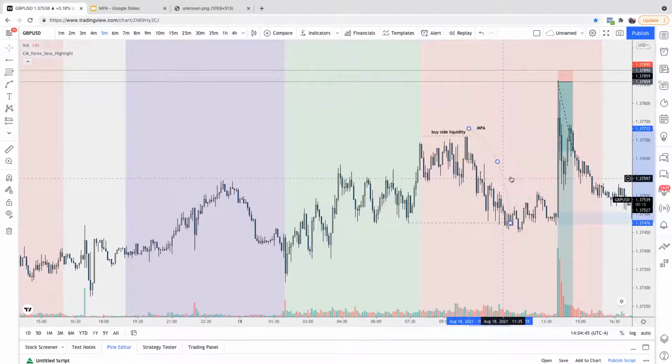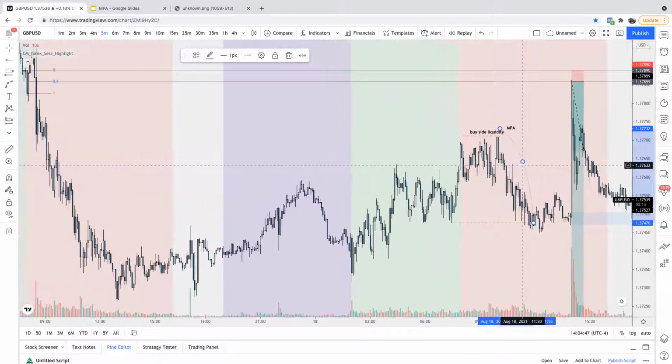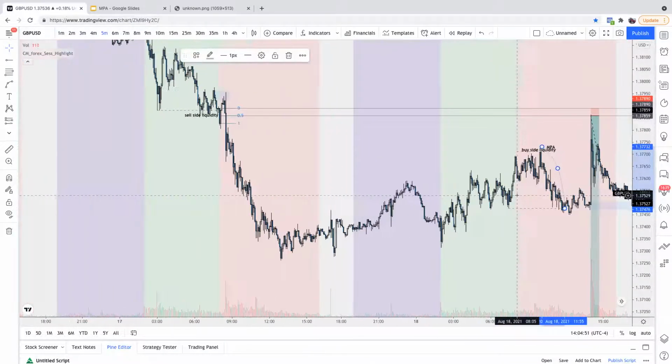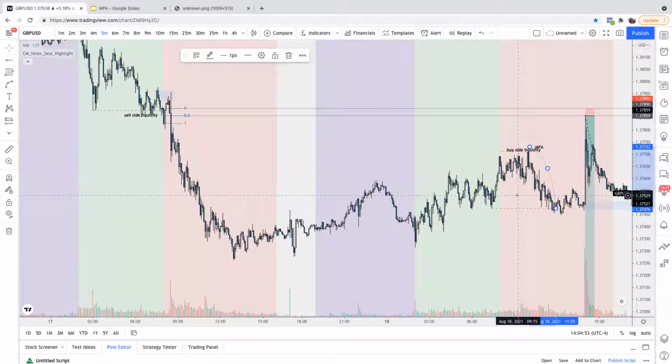So that's just the very first example, pretty straightforward to the point. Not really too complex, but I think it was really great because it just showed how the sessions correlated with each other.